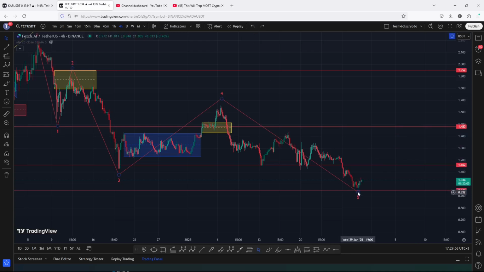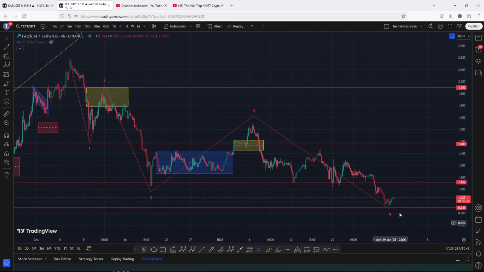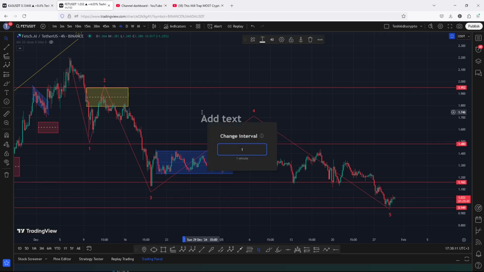And since we have continued to hold above the 0.95, there's a chance that we could have a low in place in the formation of this wave 5, and this 5-wave structure to the lower side is now complete, and maybe we can term this as a larger Elliott wave count 1.